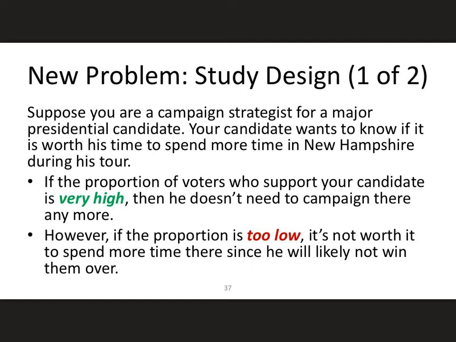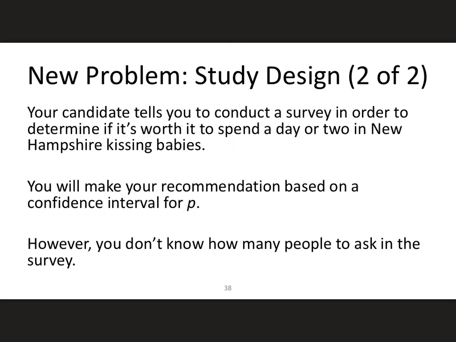However, if the proportion is too low, it's not worth it to spend more time there, since he will likely not win them over. So your candidate tells you to conduct a survey in order to determine if it's worth it to spend a day or two in New Hampshire kissing babies. You will make your recommendation based on a confidence interval for P. However, you don't know how many people to ask in the survey.